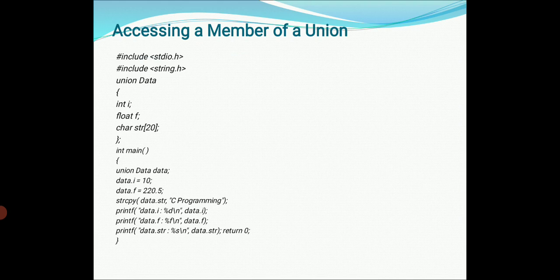Then printf: %d with data.i, then data.f. And then printf of data.str as a string, and return 0. So the output is data.i is 10, data.f is 220.5, then data.str is C programming. This is the output of this program. Thank you.